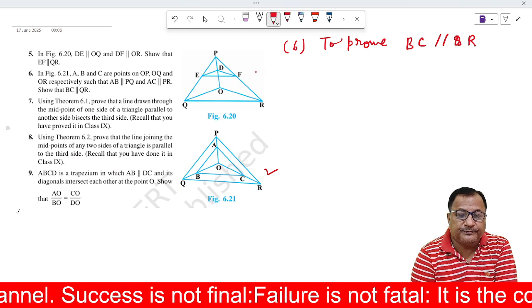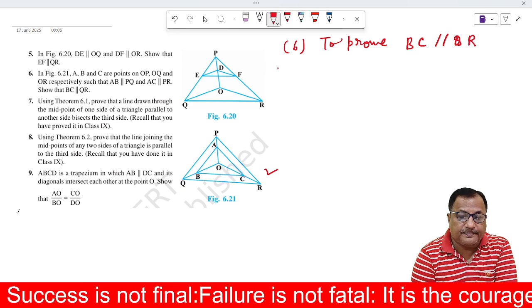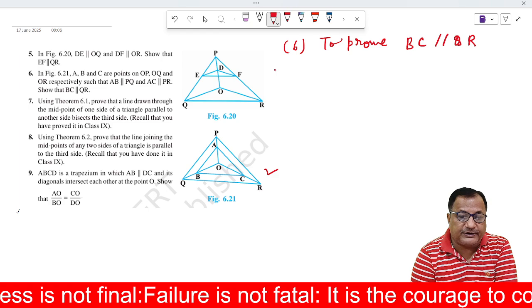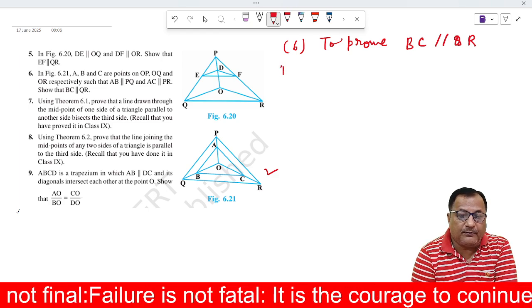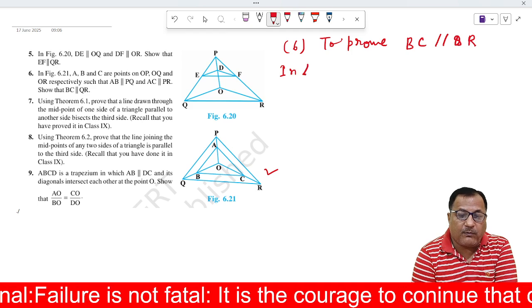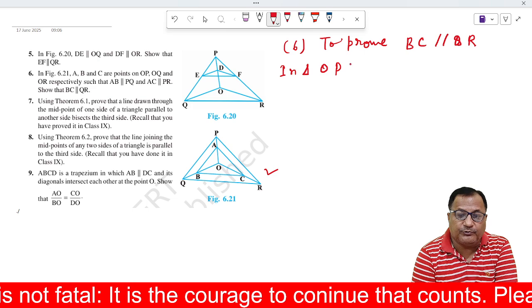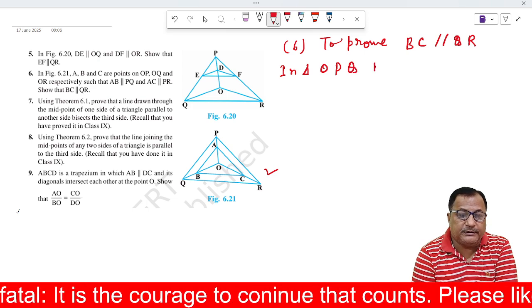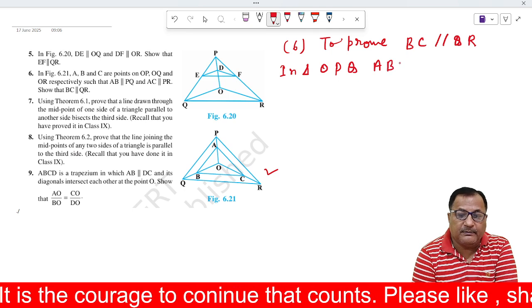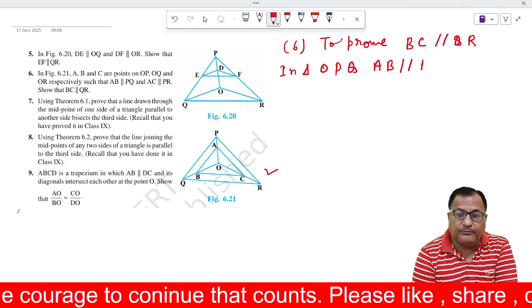So, proof. In triangle OPQ, given AB parallel PQ.